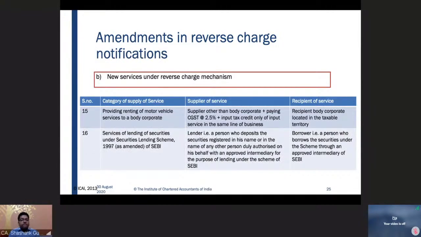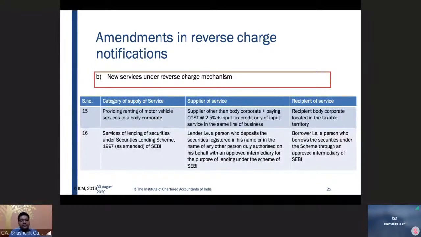Next is services of lending of securities under securities lending scheme of SEBI. So here what used to happen, let me first read it out and then I'll give you the background.